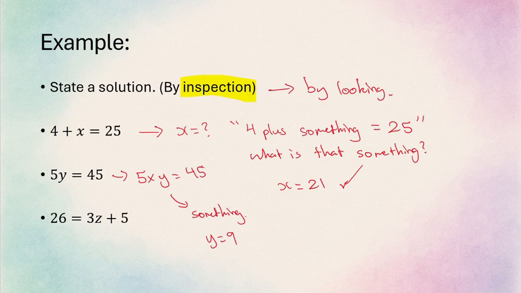In this case, you would quickly figure out that it would be 3 times 7, because 21 plus 5 equals 26, which is what we want. So we can just say that z equals 7. So that's what we mean by inspection. You just look at it, you just do it, and you quickly figure it out.